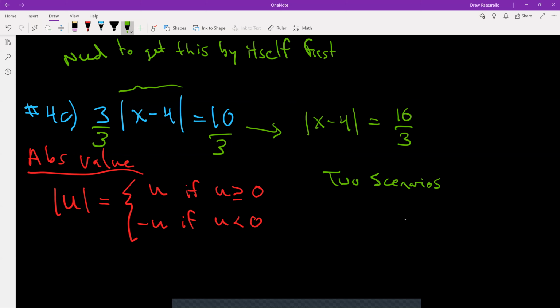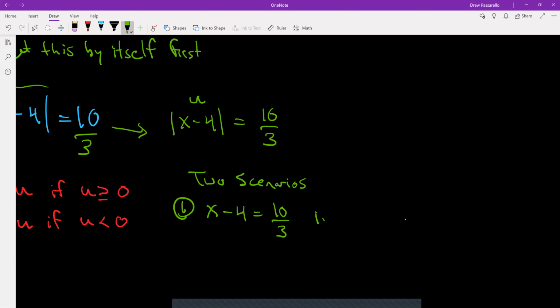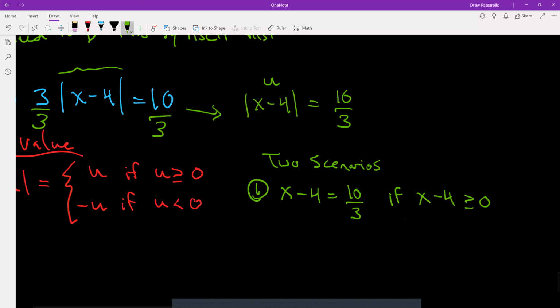Because of this definition, scenario 1: you can think of the x minus 4 as my u. I could have that just equal 10/3 if x minus 4 is greater than or equal to 0.